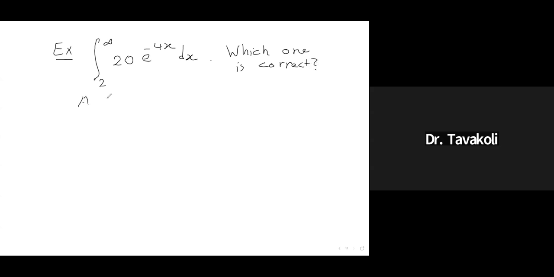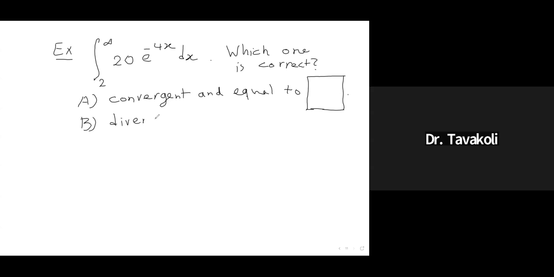A, this is convergent and equal to a finite number, and I should enter the exact value of that finite number here, or B, it is divergent. So I want to know which one is the correct answer.